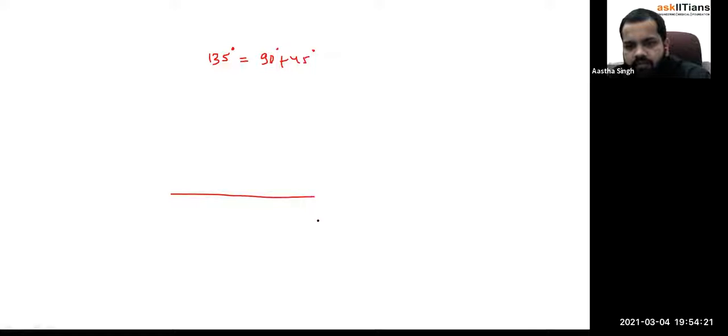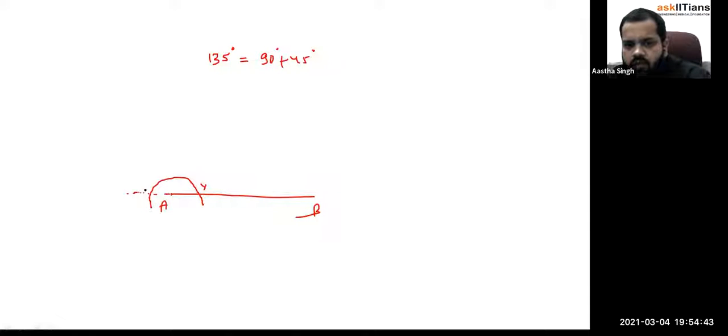Suppose this is your line. You can easily find your angle of 90 degrees like this. Point at A, right? Suppose this point is Y, and just extend this line.